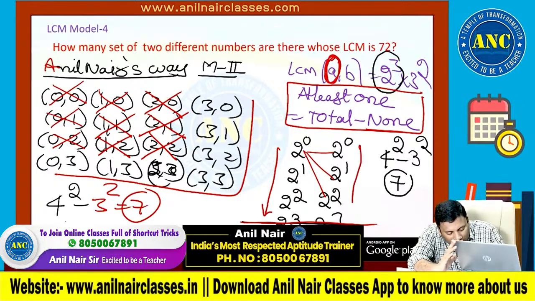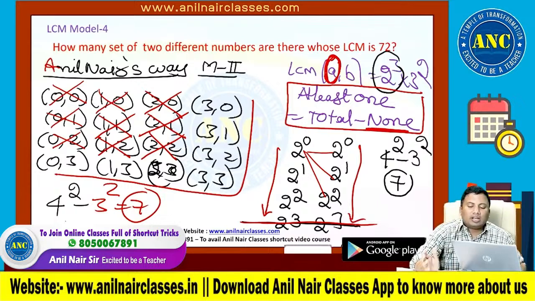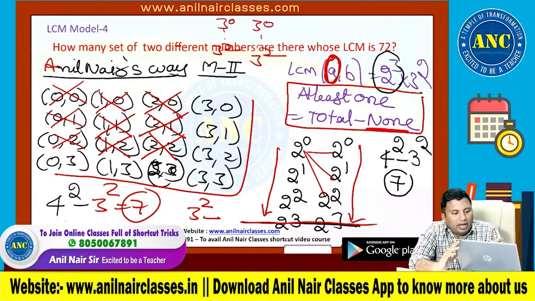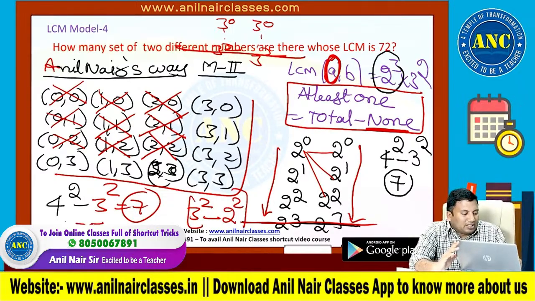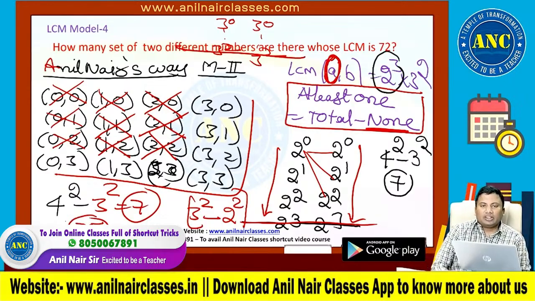B also gives all from 0 to 3. None means do not take 2 power 3. Similarly, next case, A will take all the powers of 3, 3 power 0 to 2. I got 3 square cases, minus don't take 3 power 2, minus 2 square. 7 into 5 is 35.